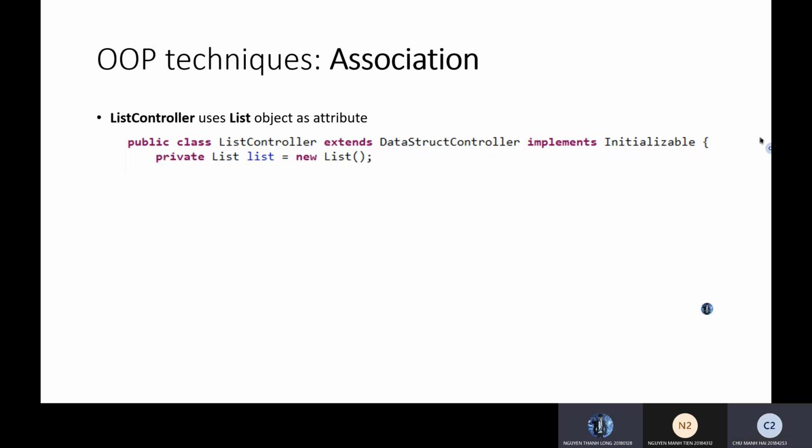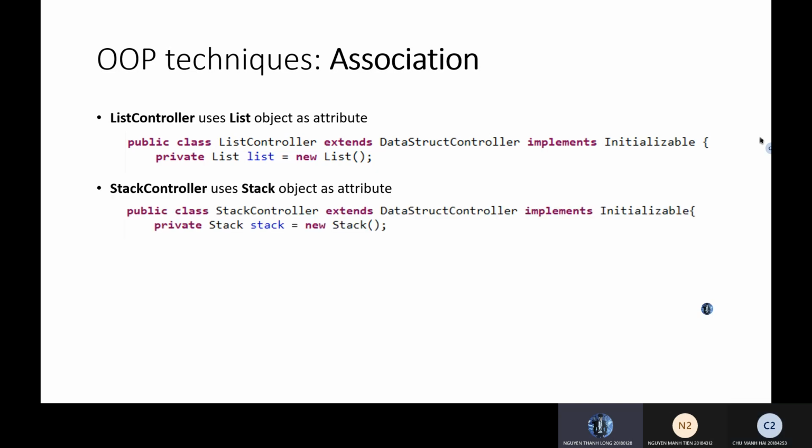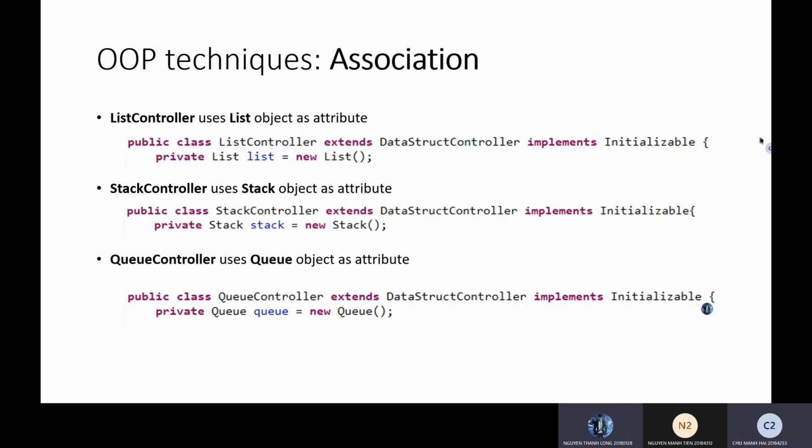For example, when a user clicks to create a new list, the list controller will call the create method from the list object. Similarly, we have the stack controller use stack as an attribute, and also the queue controller with the queue object.